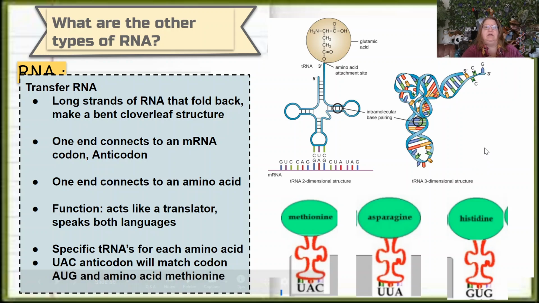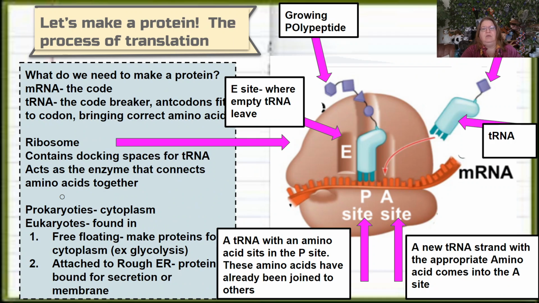So tRNA ends up acting like a translator. So think transfer RNA with its anticodon acts like a translator. Think of the T's, that really helps me. So tRNA, anticodon, translate. So specific tRNAs will bring the right amino acid because the anticodon matches with the codon.